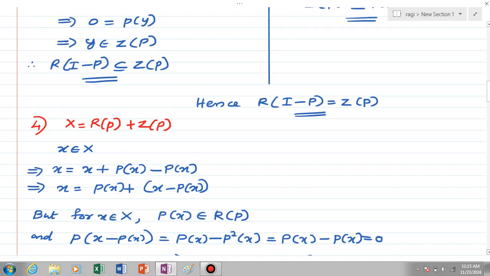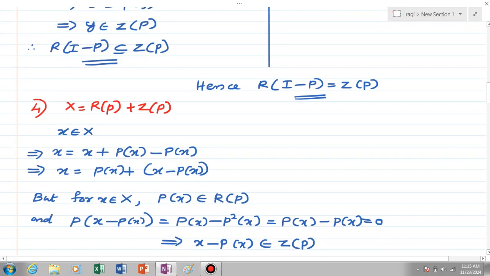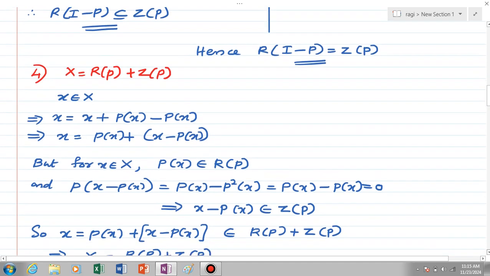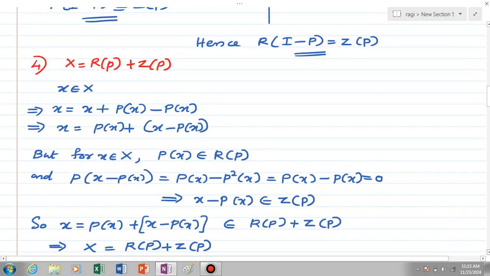Okay, but P of X clearly is an element of R of P, and X minus P of X is an element of Z of P, because P of X minus P of X is equal to 0.